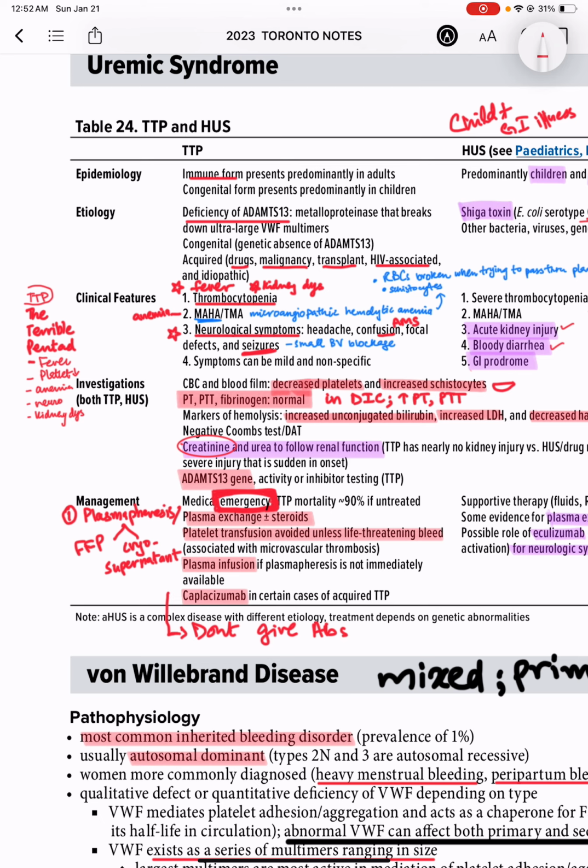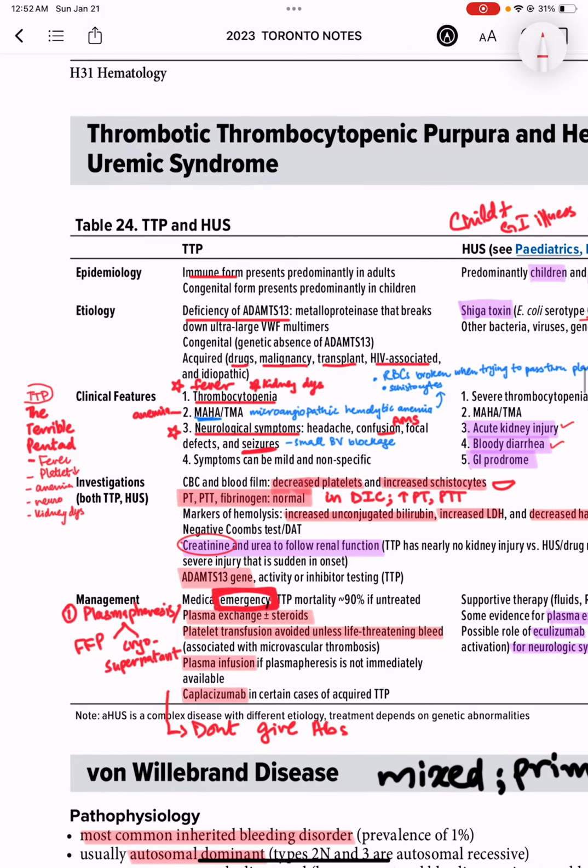The RBCs would be destroyed, but the PT, PTT, fibrinogen, all of these levels are normal because there are no problems with the coagulation cascade.